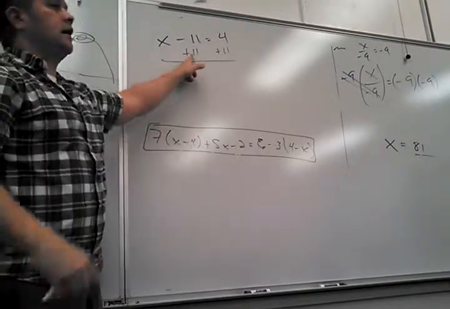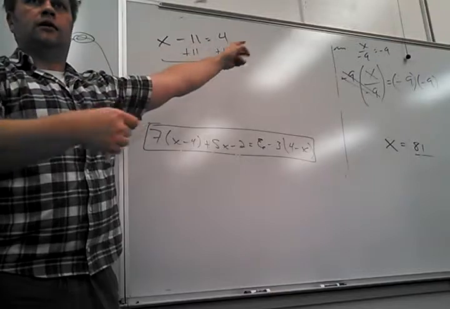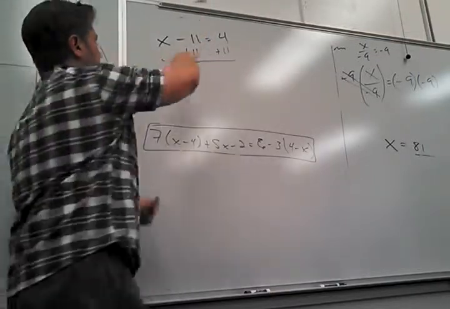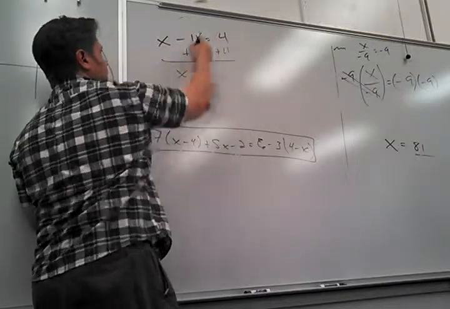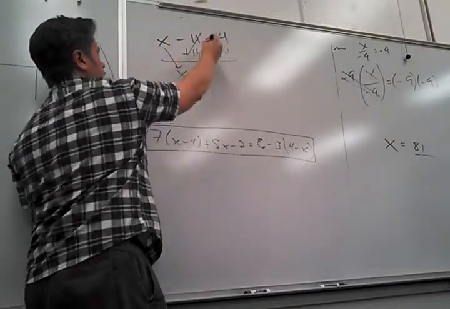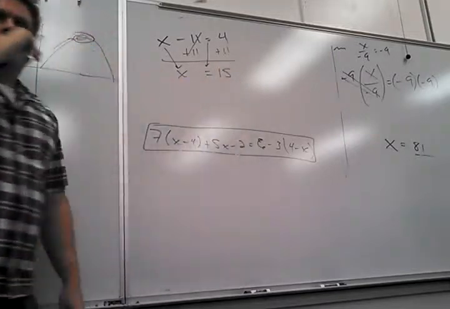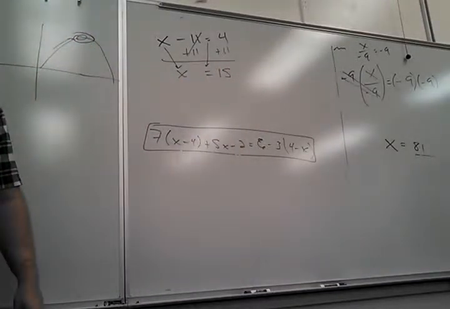So whatever I do to one side, I have to do to the other side in order to keep it true. So if I add 11 to both sides, this goes away. I get x by itself equals 15.